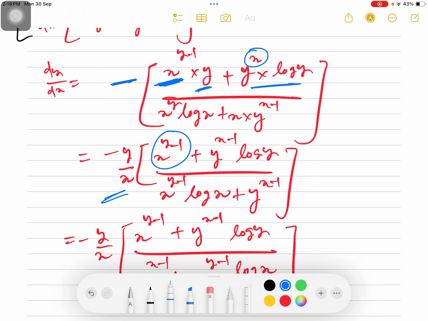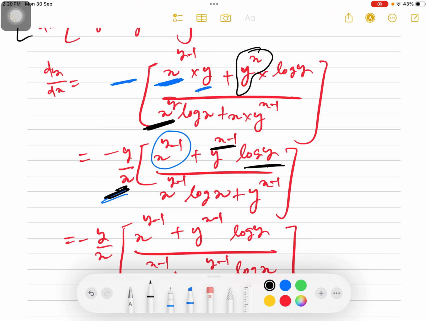From the second term, y power x, I took y common, so if I multiply this by this, y power x minus 1 plus 1, the minus 1 plus 1 got cancelled, y power x only left, so that thing only I was having here. So I took y power 1 common, that means that 1 I have to subtract also, so y power x minus 1 log y as it is.